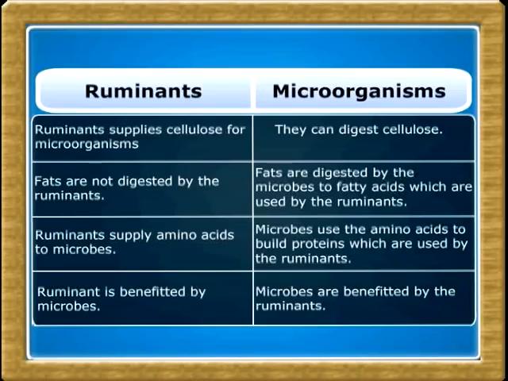Animal supplies proteins to microorganisms. The microorganism in turn uses the amino acids to produce proteins. The proteins produced by the microorganisms are used by the ruminant. Thus, the microorganism and the animal are benefited in a symbiotic relationship.